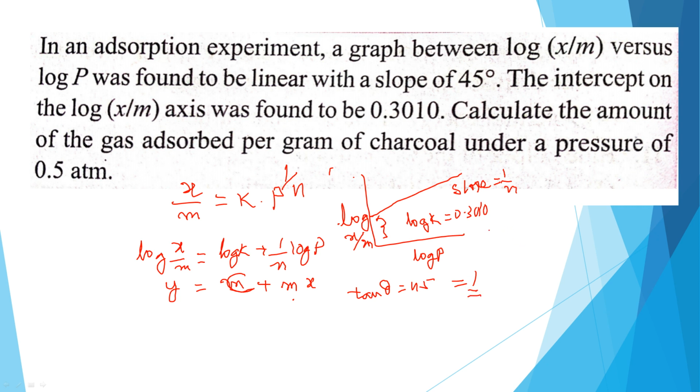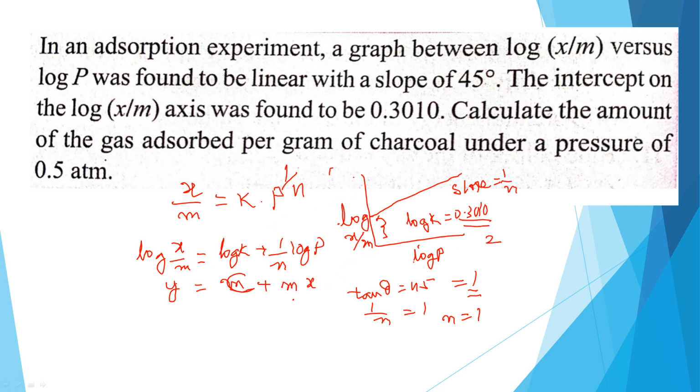Therefore 1 by n is equal to 1, and the n value is 1. Here log k is equal to 0.3010, and the antilog of this is equal to 2.